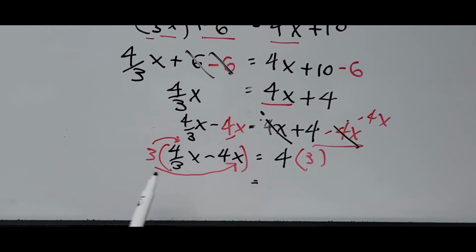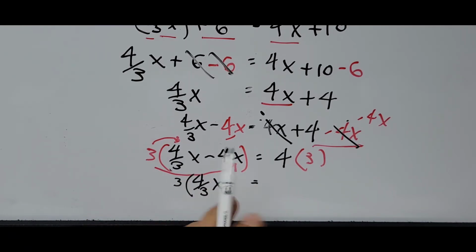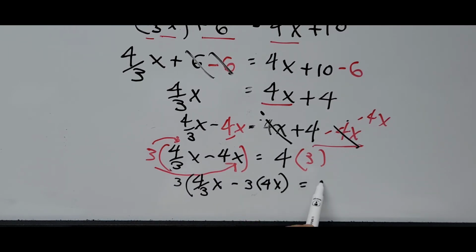So that's it. So 3 times 4/3 x, since this is minus right there, it's just minus 3 times 4x. 3 times 4x is equal to 4 times 3. What's that? 12. All right.